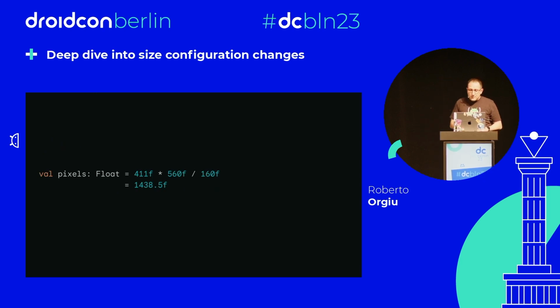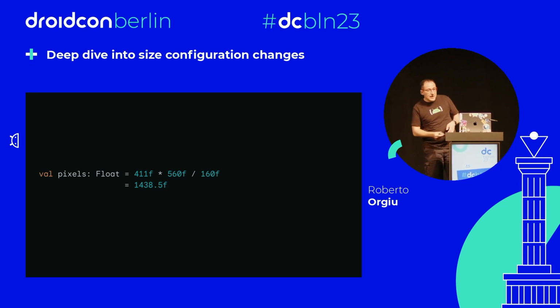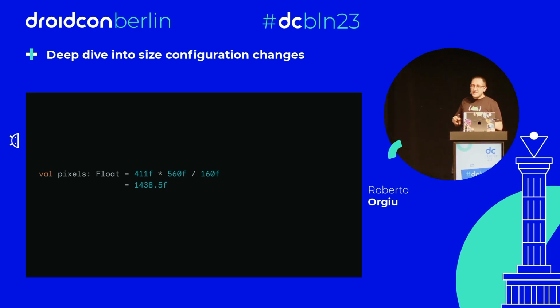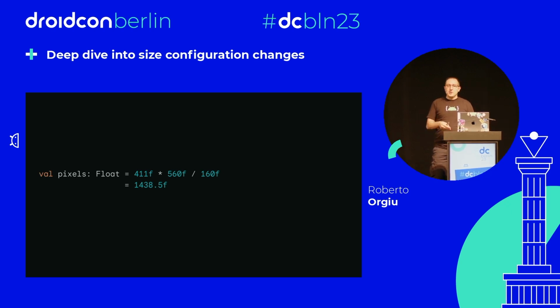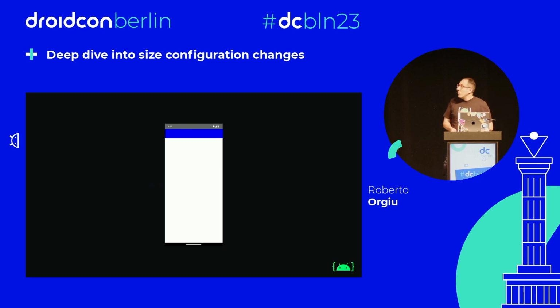So if we do the same, but back to pixels, so we take the value that we had before, 411, and we multiply by 560 and divide by 160 to get back the pixels from the DPs, we start seeing something weird, because we know that the width is 1440, and this is 1438.5. This is going to be rounded to 1439, but it's still 1 pixel off our original display size.